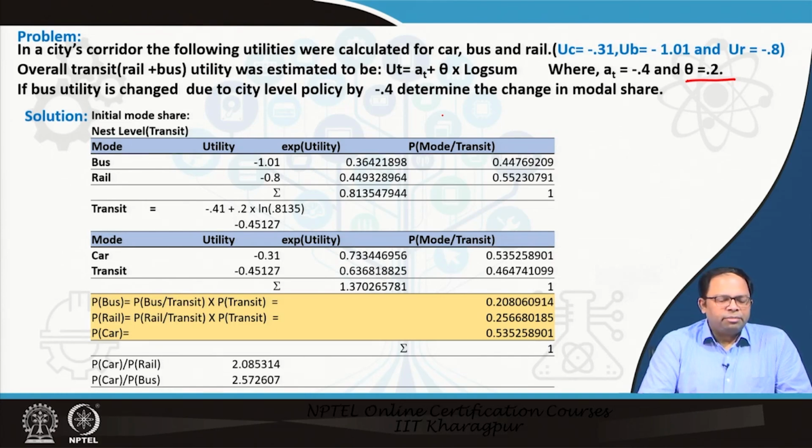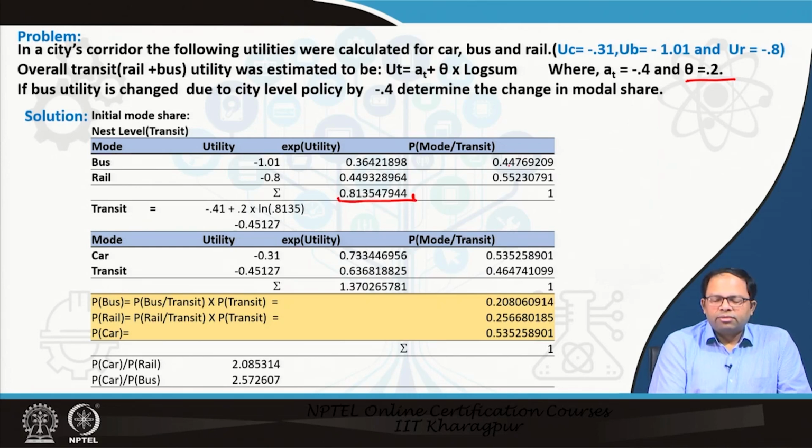So, here we estimate these particular values. For example, for bus we have a utility of minus 1.01 and for rail we have a utility of minus 0.8, and this is e to the power utility, the exponential of utility, which gives us 0.36 and 0.44. The sum of these two modes is 0.81.